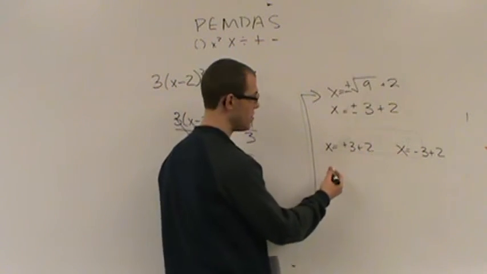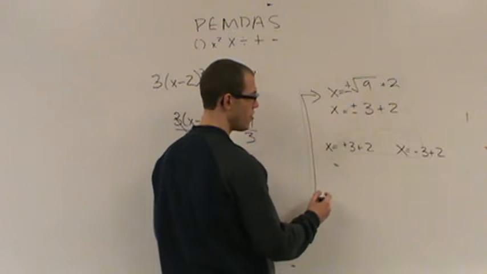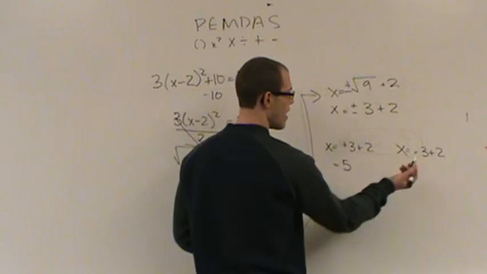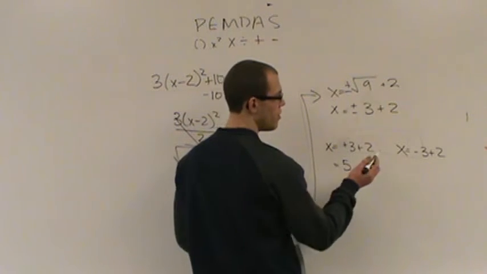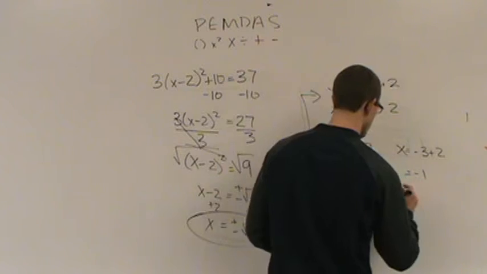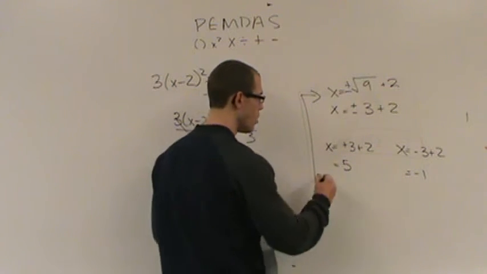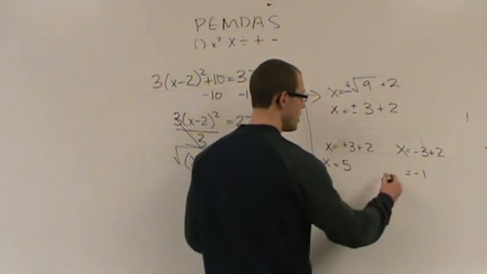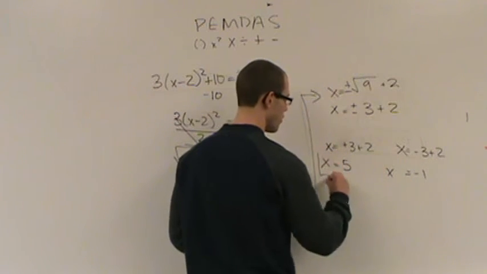Now solve both of these. So 3 plus 2, that is 5. And then go over here and solve this solution. Negative 3 plus 2, that's negative 1. So your two solutions are x equals 5 and x equals negative 1.